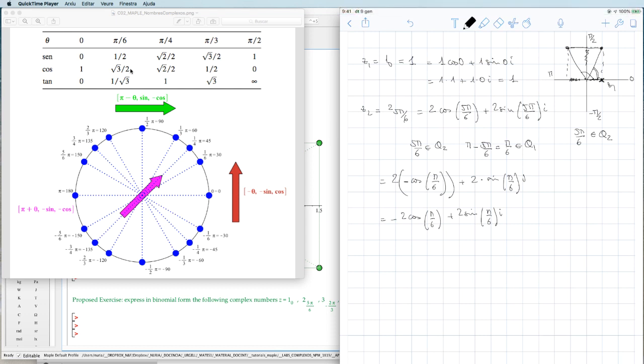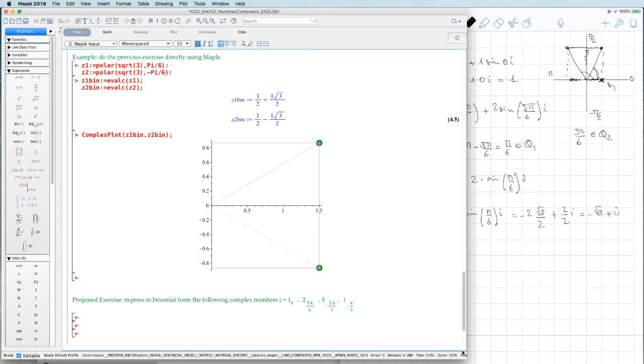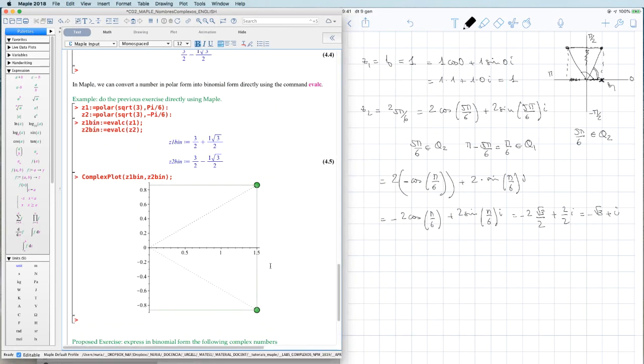Now we move to the table. Cosine is square root of 3 divided by 2, so minus 2 square root of 3 divided by 2, plus the sine is 1/2. So this is minus square root of 3 plus i. Before continuing, what I can do is just check it.